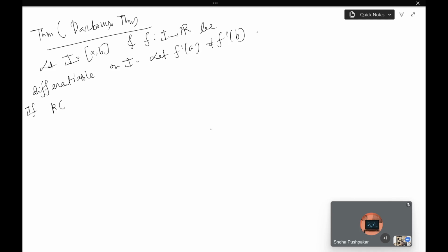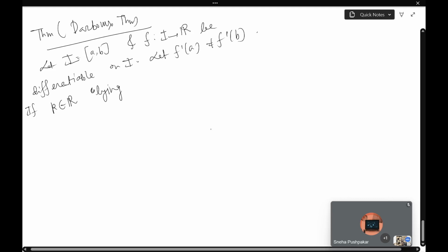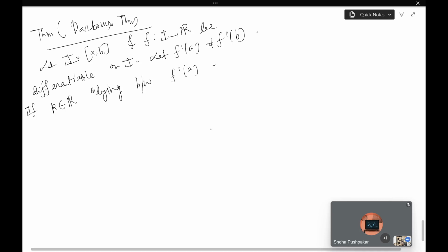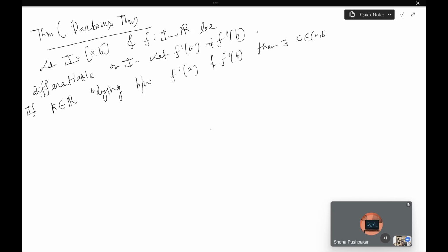If k is a real number lying between f'(a) and f'(b), then there exists c in (a, b) such that f'(c) is equal to k.